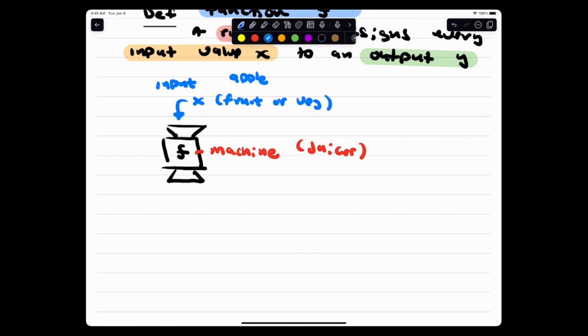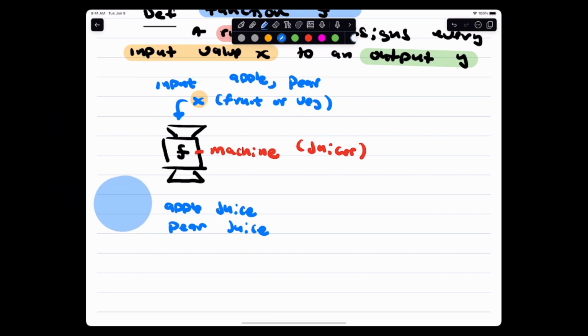So if you drop an apple in that machine, what did you get? Apple juice, good. If you dropped a pear in the machine, you get, of course, pear juice. These are all the input values, x, and then these over here are all the output values, y.